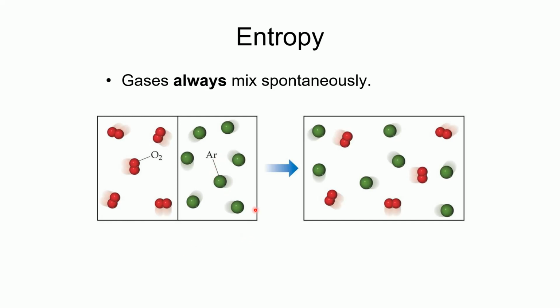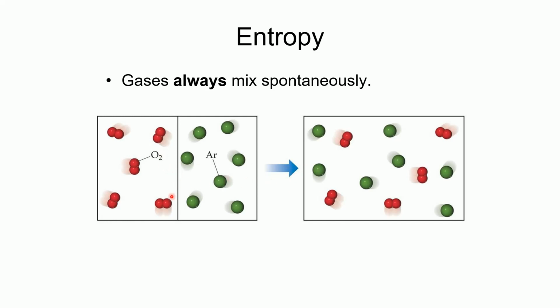But let's imagine for a moment that I didn't have any argon here, and we have this partition. If we remove that partition, the oxygen will spread out to fill that container, just because gases will always expand to fill whatever container they're in. Likewise, if we had argon only on the right and no oxygen on the left, and then we remove the partition, then the argon would spread out to fill that container.